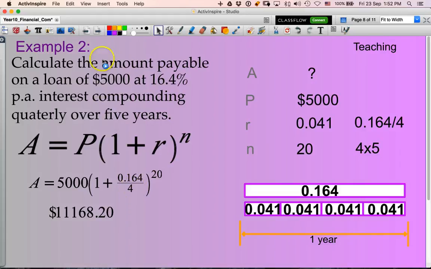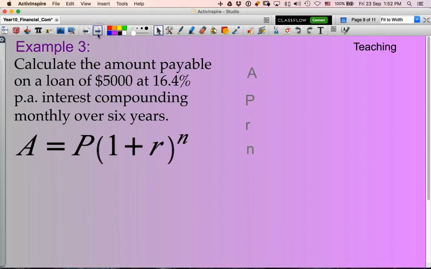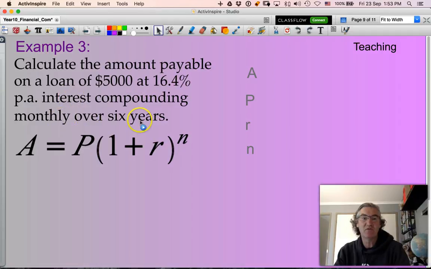We'll move on to one final example. So, say I wish to calculate the amount payable on a loan of $5,000 again, 16.4% per annum, with the interest compounding monthly over a 6-year period. So, again, reading the question, I need to calculate the amount. The principal, how much I've borrowed, is $5,000.